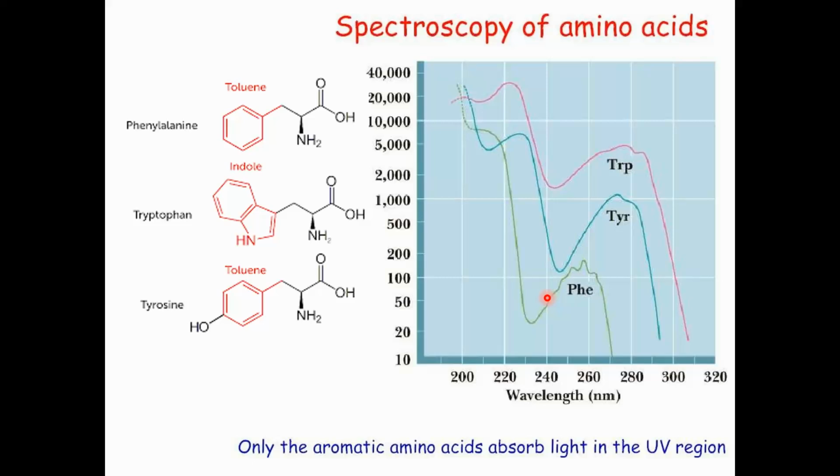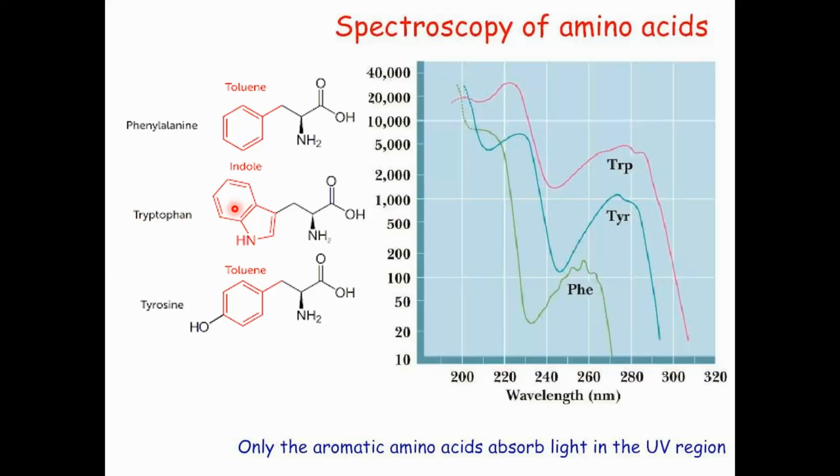For example, if I am talking about the aromatic amino acids, we have three: phenylalanine, tryptophan, and tyrosine. These amino acids have a ring structure in their R chain. For phenylalanine, this ring is a toluene.